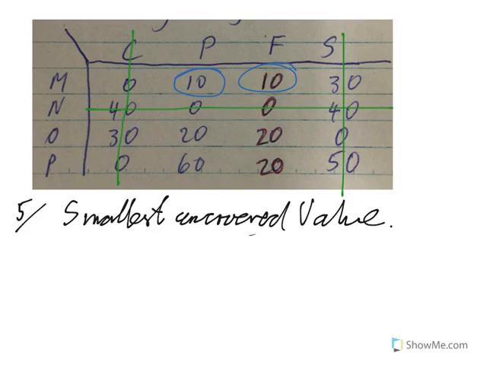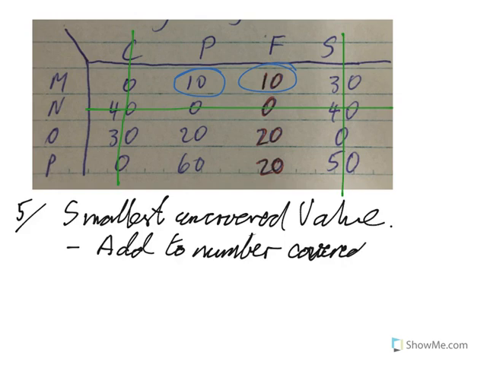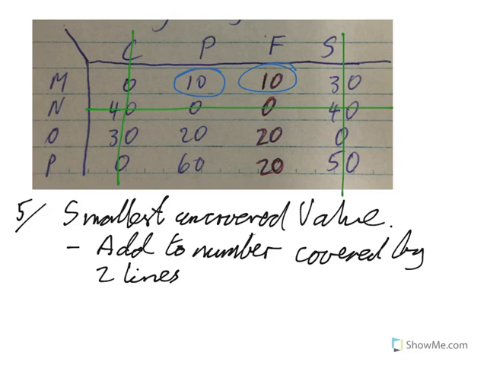Now here's the next thing that you want to do. So what we want to do, we need to add that number, in this case 10, to the numbers covered, writing's bad today, covered by 2 lines. Alright, so that's these two.